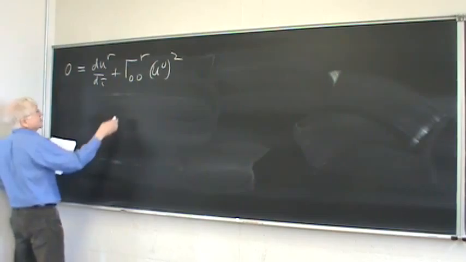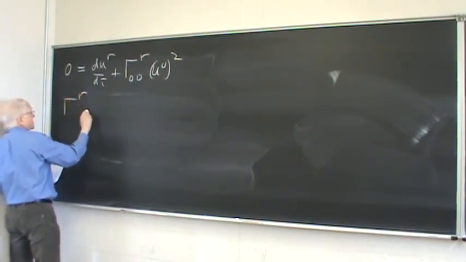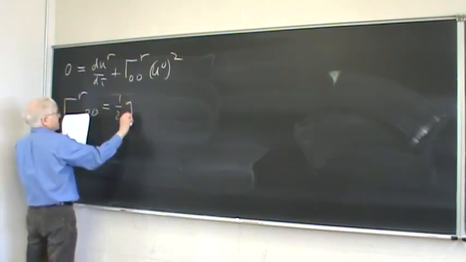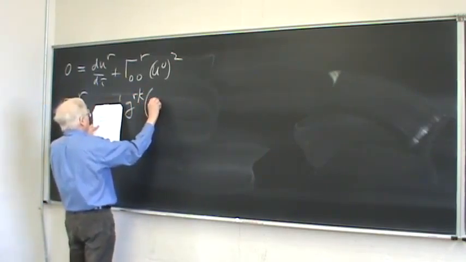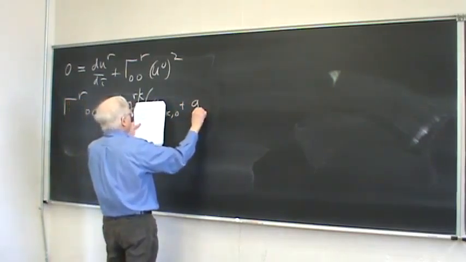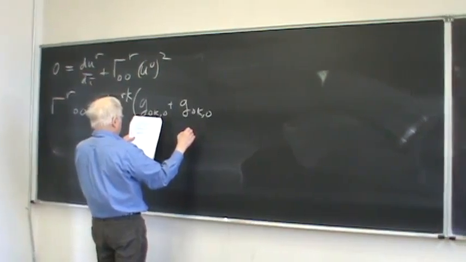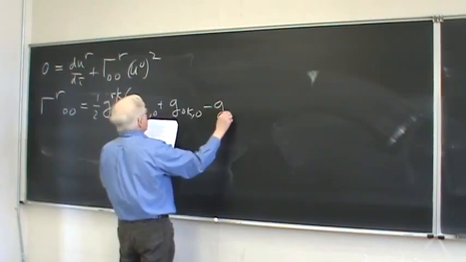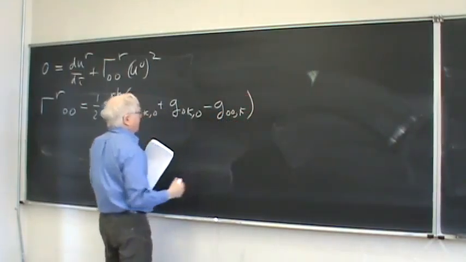And so we only need gamma^r_00. Well, we have a formula for all the gammas. And gamma^r_00 is a half g^rk times g0k,0 plus g0k,0 minus g00,k. Well, that's funny. One of them should be k0, I think.